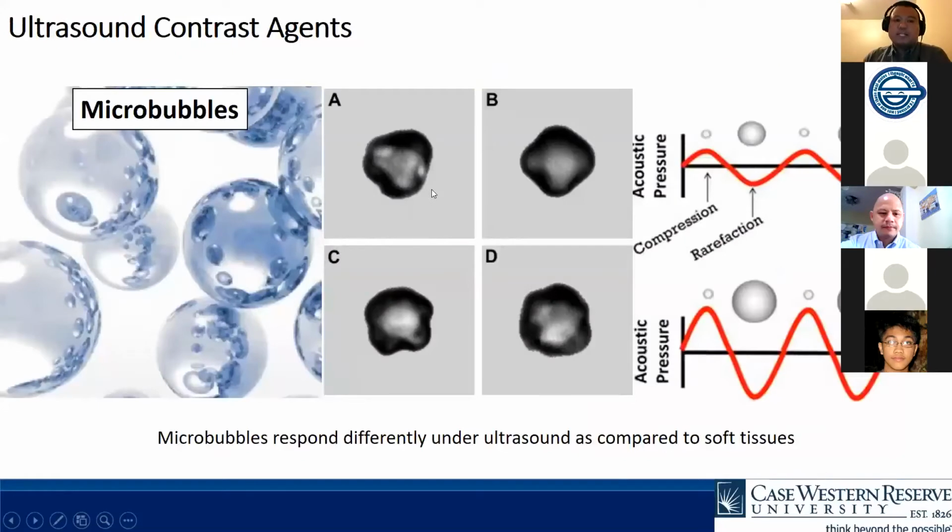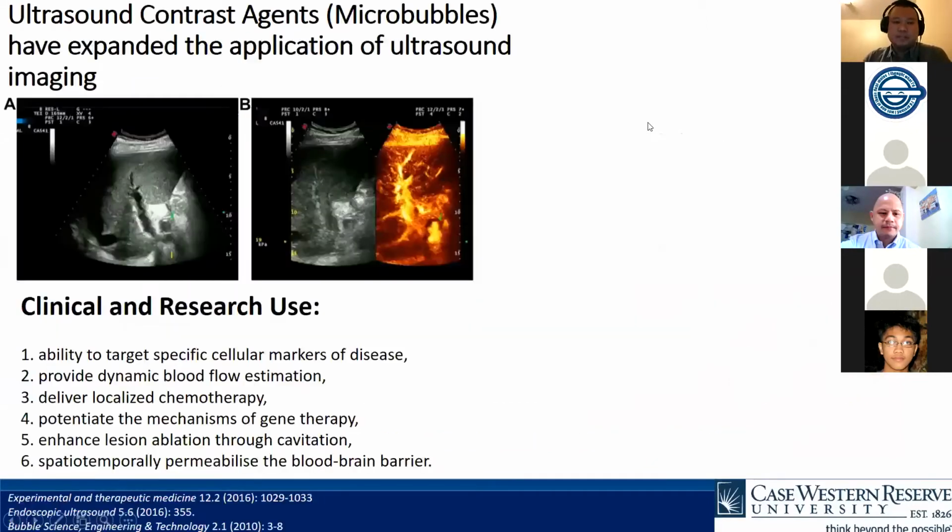The commercially available ultrasound contrast agents are mostly microbubbles. So they respond differently under ultrasound as compared to soft tissues. So the microbubbles have expanded the application of ultrasound imaging. So now ultrasound can also be used to target specific cellular markers of diseases, provide dynamic blood flow estimation, and so on.